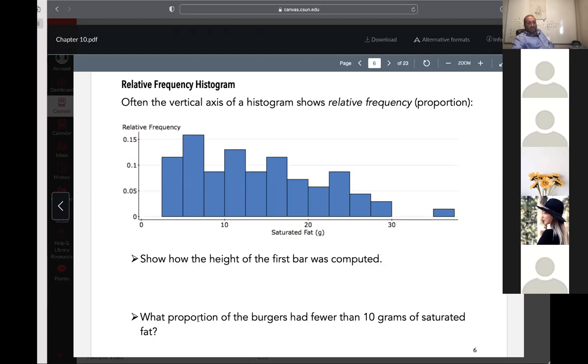So in this case, when it says what proportion of the burgers had fewer than 10 grams of saturated fat, how would I compute the proportion that had fewer than 10 grams of saturated fat? How would I compute that? Would you add all the saturated fats before 10?